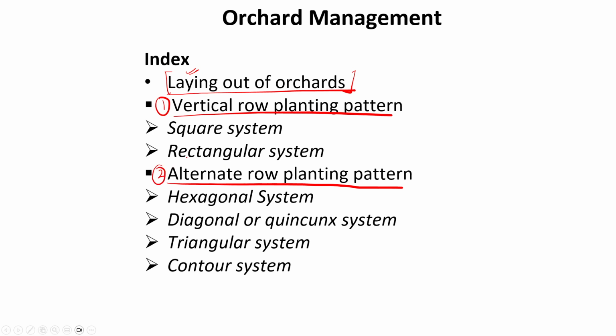In the vertical row planting pattern, we have first the square system and second the rectangular system. In the alternate row planting pattern, we have first the hexagonal system, second the diagonal system, third the triangular system, and the fourth the contour system. So we are going to study laying out an orchard in this particular session.